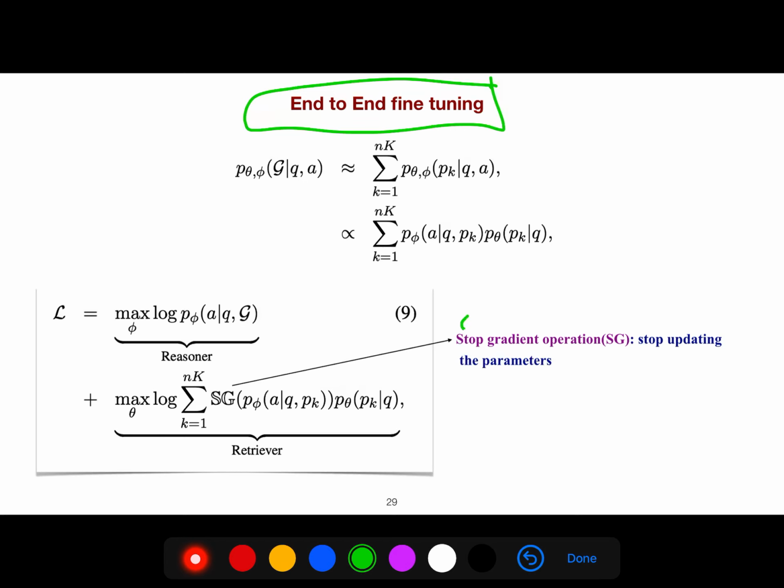And SG here means stop gradient operation. It means that we stop updating these parameters phi, and so our loss, as I said, is just a sum of two losses for reasoner and retriever. We learn them jointly. So we understand the parameters phi and theta. Theta for the retriever, phi for the reasoner.